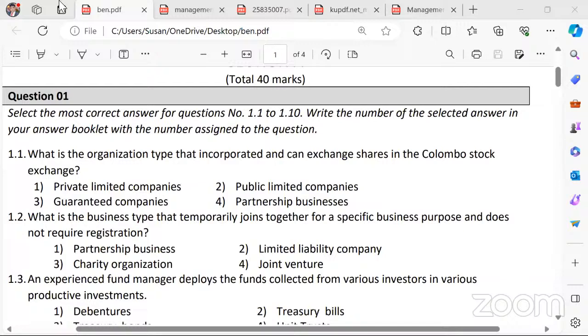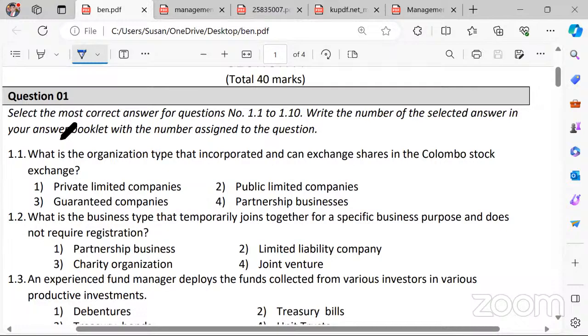Questions 1 to 10 are MCQs, multiple choice questions. You have to select only one answer, there are no two answers. Select the most correct answer for questions 1 to 10.